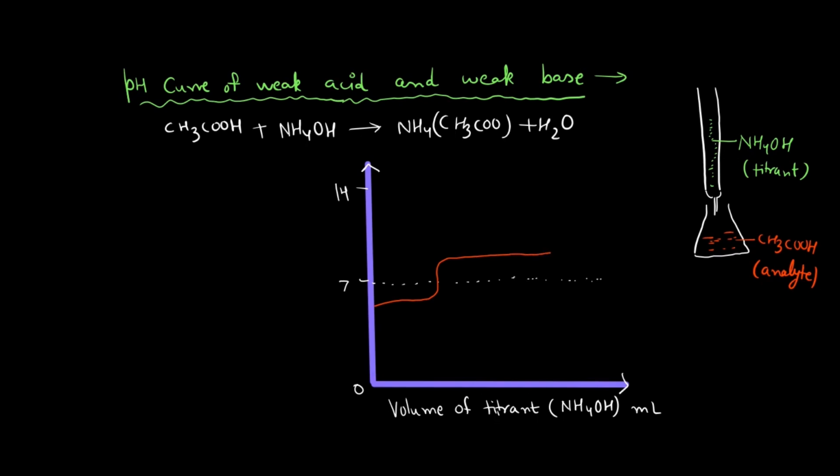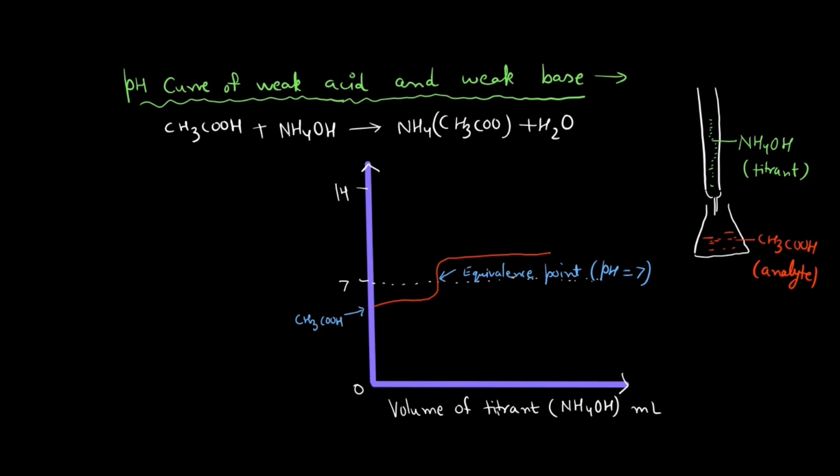Okay, so the midpoint of this, which is called the equivalence point, will be at pH equal to 7. So the equivalence point in the pH curve of weak acid and weak base is at pH 7, and this curve starts from pH less than 7, and this is the pH of the acetic acid.